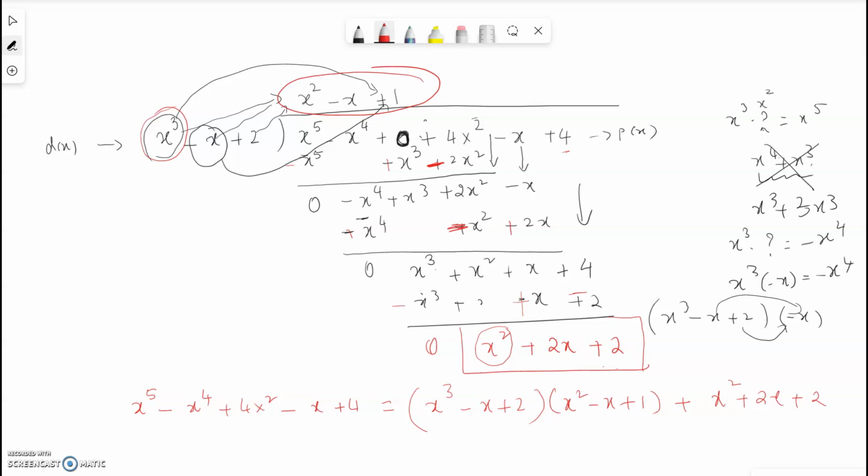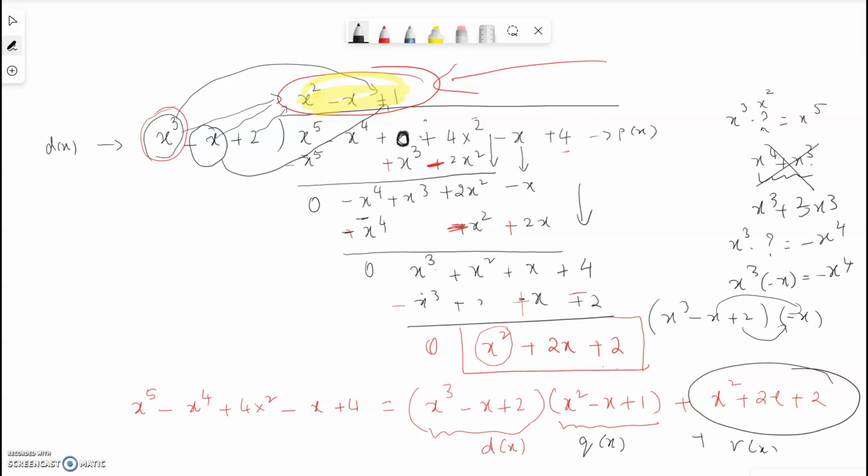So if this is d of x, then this is the quotient. What we get here is the quotient q of x, and plus this whole thing is r of x.